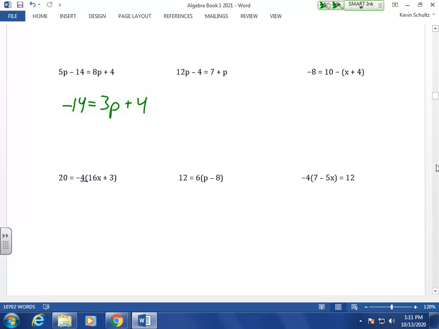Whether it's 5 and 8 or 0 and 3 doesn't make a difference. 3 more is 3 more. Mathematically, what we're doing here is we're subtracting 5p from both sides to actually cancel it out, right? 5p minus 5p is 0, and then 8p minus 5p gives us that positive 3 there. But now we're at our 2-step equations to solve.